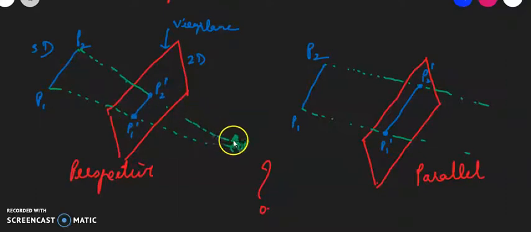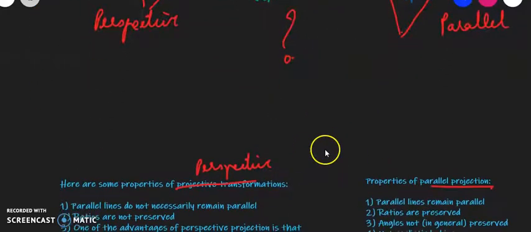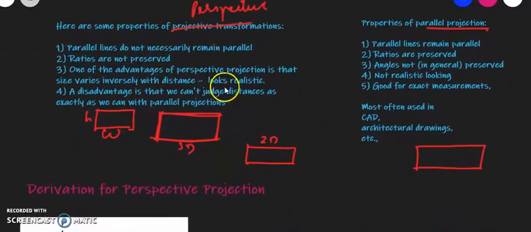So if the distance of your center of projection from your view plane is reduced, the size of your image increases, right? But if the distance of center of projection is increased, then in that case the size of your image reduces. So that is what we mean by the size is inversely proportional to the distance, and that's why your image looks more realistic. Let the size get reduced, but still your image looks more realistic in case of perspective projection, and in case of parallel projection it does not look realistic.